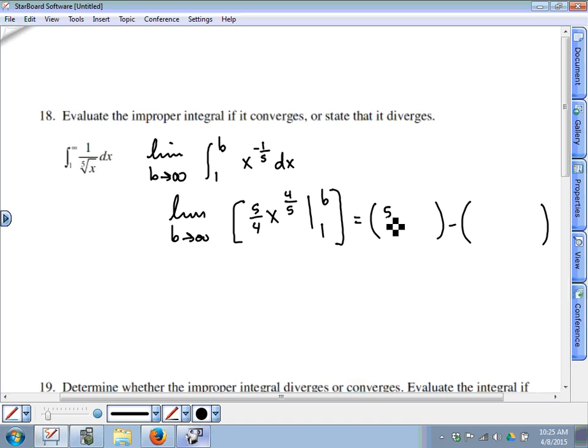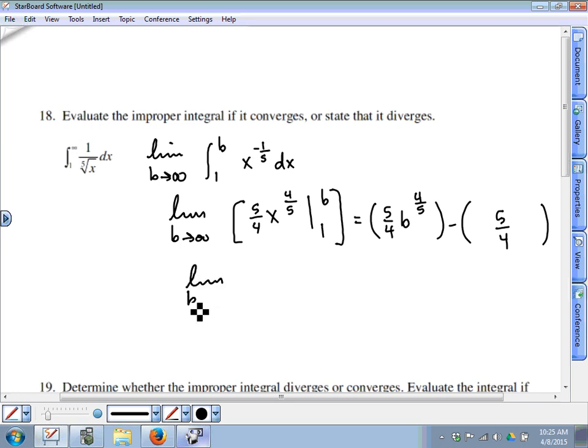So for the upper bound, we're going to have 5/4 times b to the 4/5 minus 5/4. Well, when x is 1, 1 to the 4/5 is just 1, times 5/4 is 5/4.